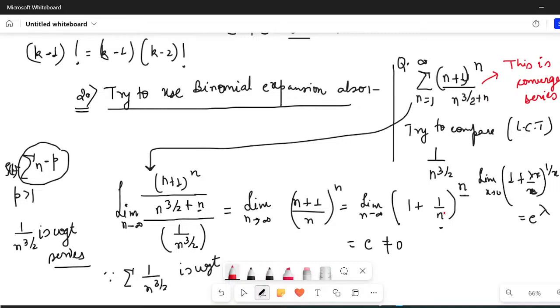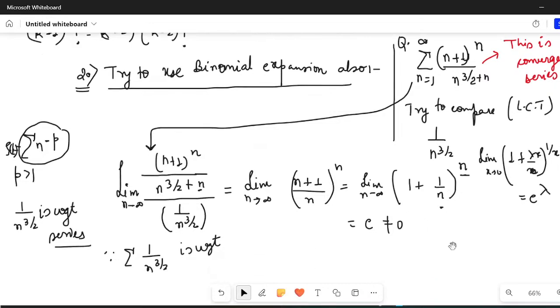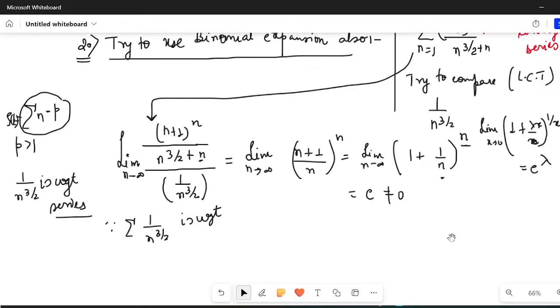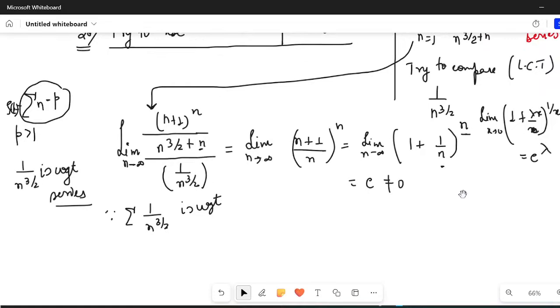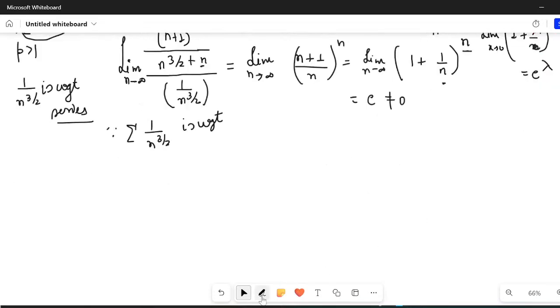Now at times this binomial expansion becomes very handy. Just keep that also in mind, because at times in exam you may think that probably this may not be asked.